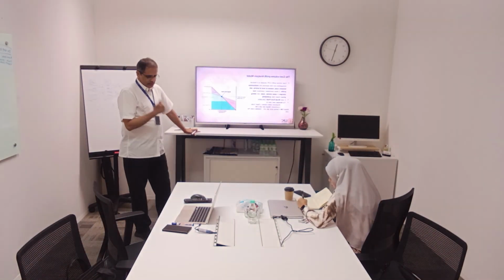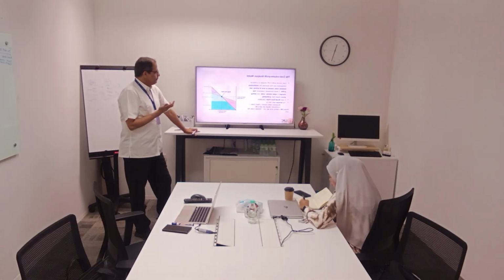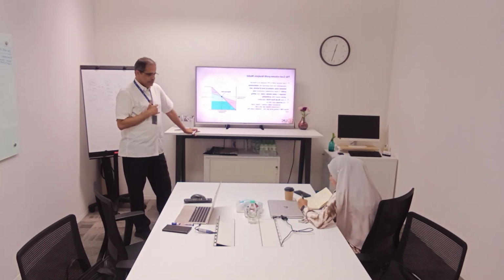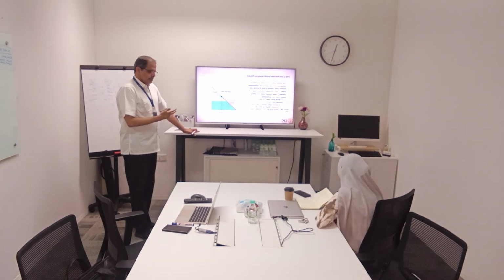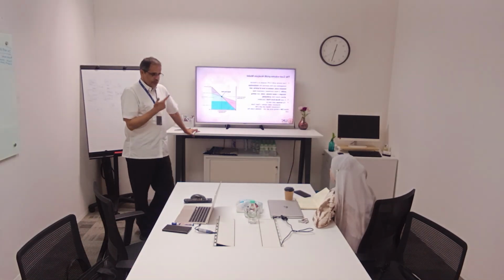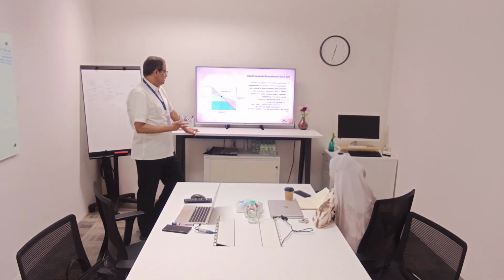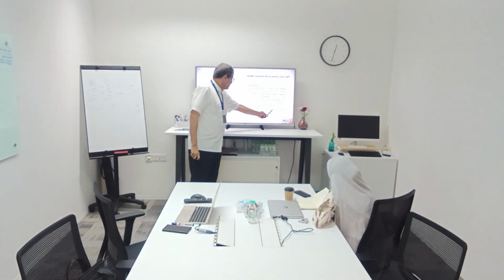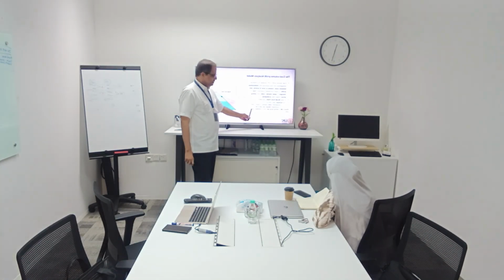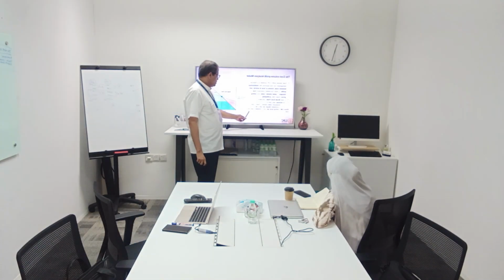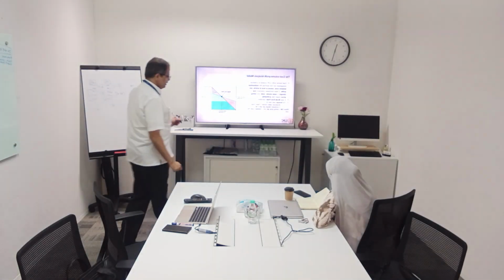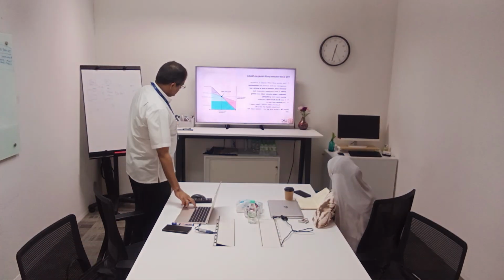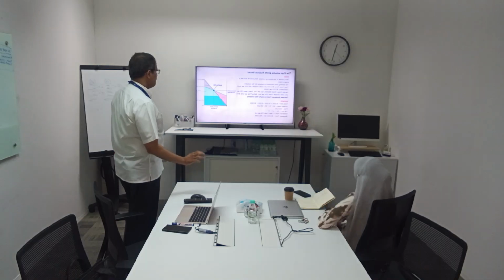To calculate your cost, volume, profit analysis, I need to know three things: my variable costs, my fixed costs, and selling price. So it is fixed costs divided by selling price minus variable costs, which we call the contribution margin.